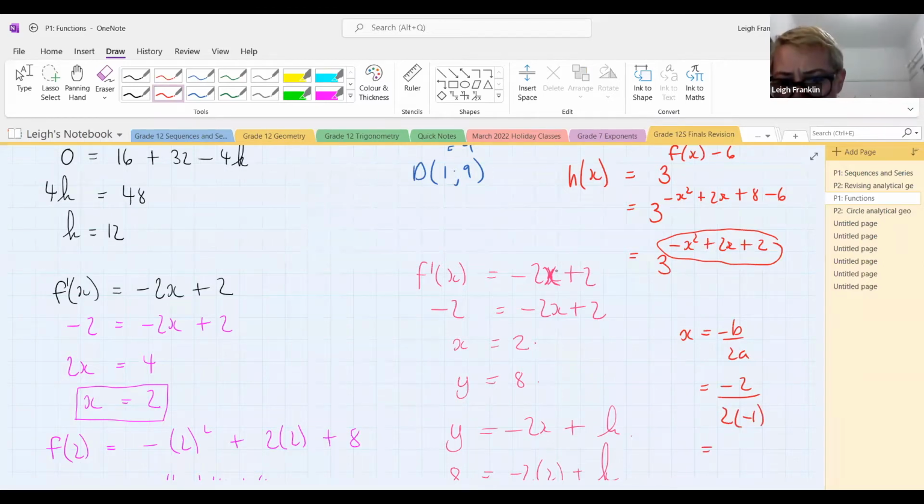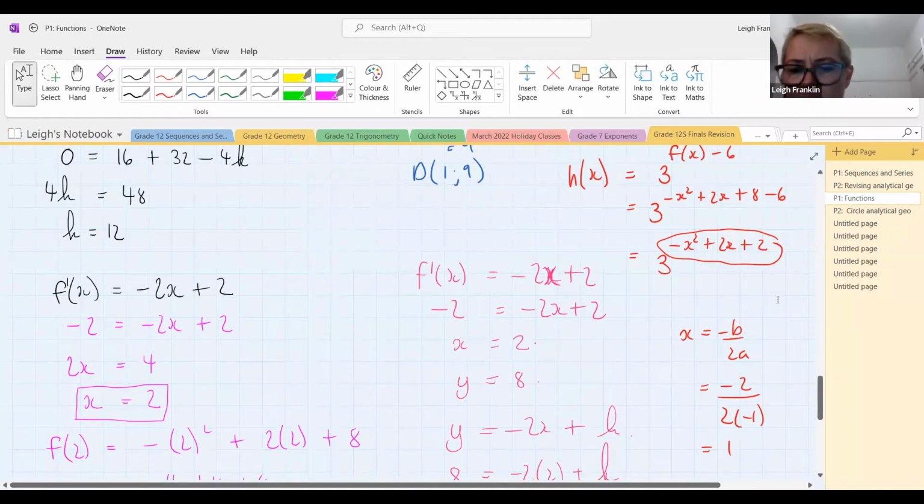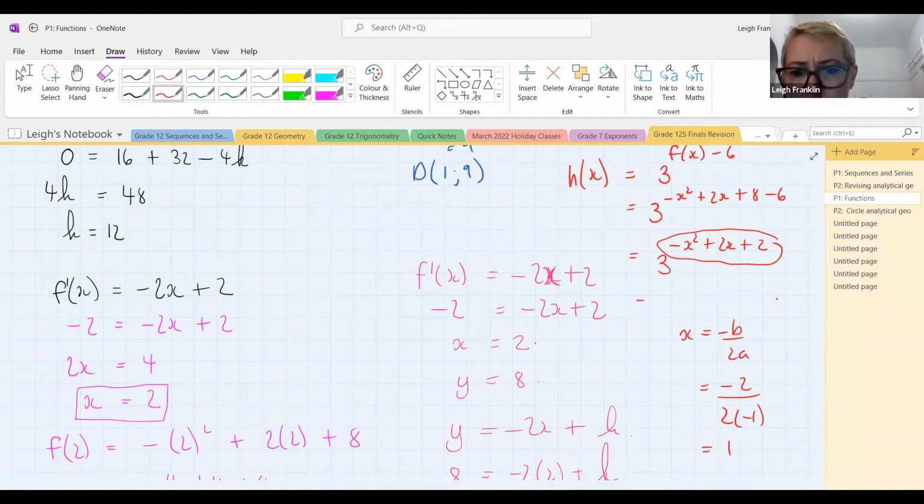So this means that it's going to have a maximum at 1. So x would be equal to 1 at the maximum. And then I would go back here, Tisha, and I would sub in the 1.